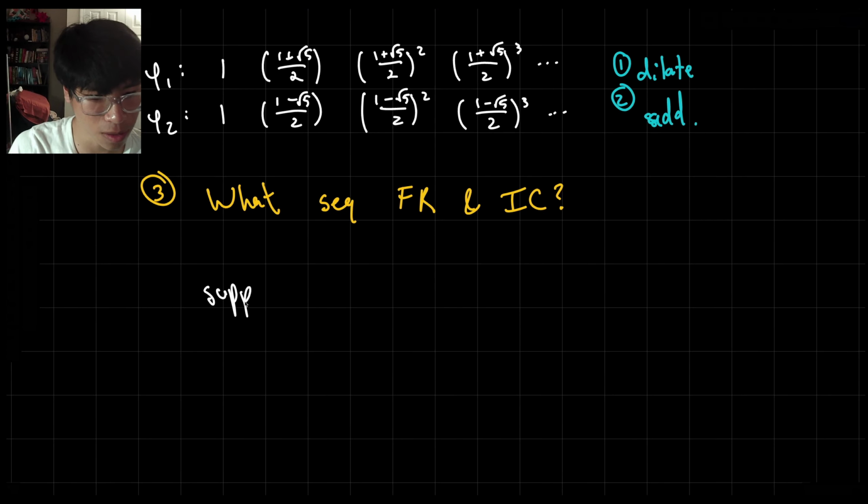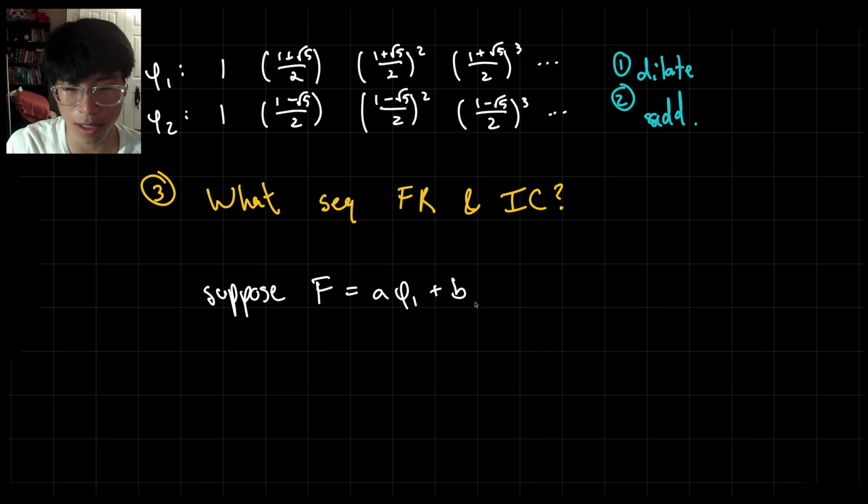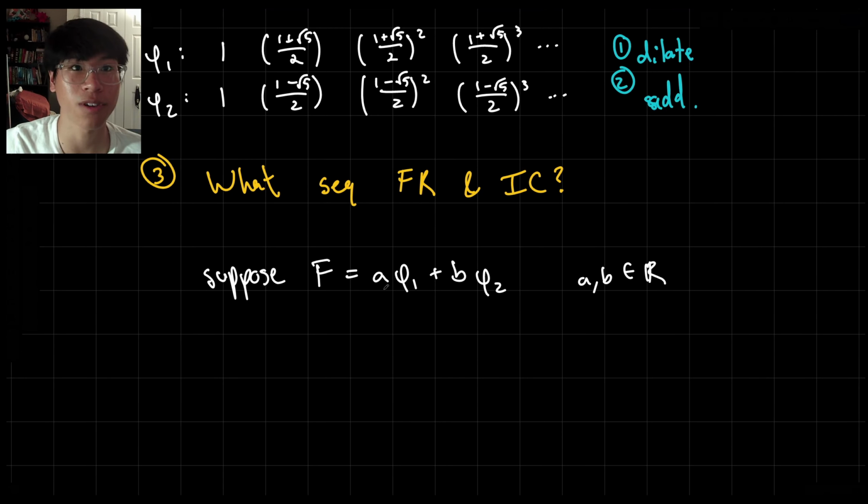So we'll suppose that our Fibonacci sequence, let's say f, can be represented as the sum of these two sequences scaled by a and b, where a and b are real numbers. Now from our first part, we know that the right-hand side satisfies the Fibonacci recurrence. All we need to do is make sure it satisfies the initial conditions.